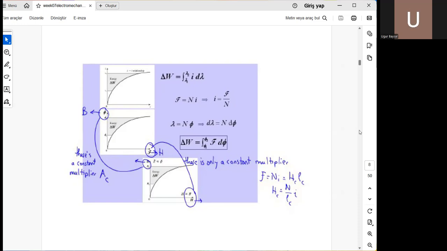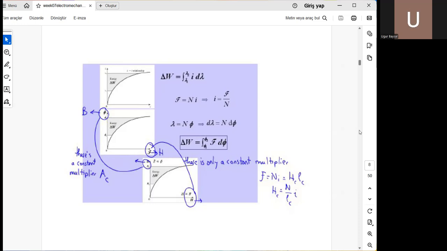So the same equation, beginning from the top of the slide: delta W equals the integral from lambda 1 to lambda 2 of the current, which is a function of the flux linkage, integrated with respect to flux linkage, can be transformed to delta W with different integration limits and different integration variables.